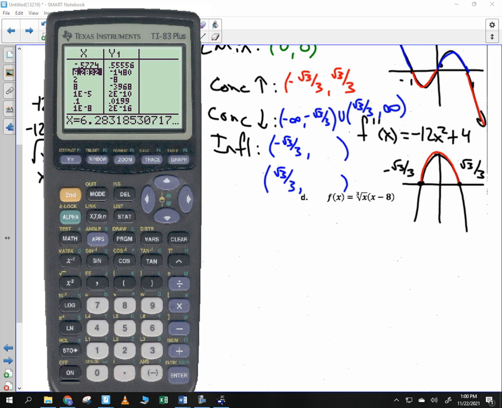And I get 0.55. And then I will type in positive root of 3 divided by 3. And again, I get positive 0.55. Notice that the root of 3 over 3 is like 0.57.